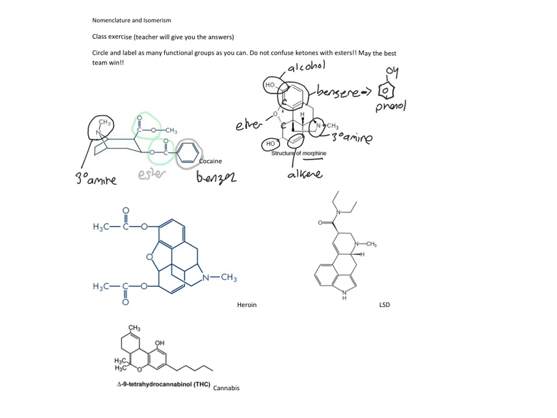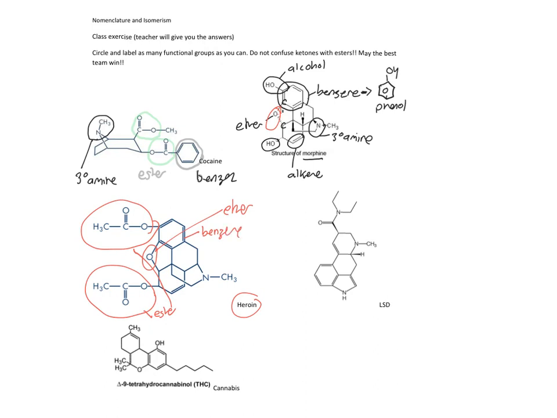Let's now go to look at heroin. Now heroin, interestingly, like cocaine, has got 2 ester groups. Just like morphine, it has got an ether group. So these are 2 ester links there. It's got an ether group. There's a benzene ring.